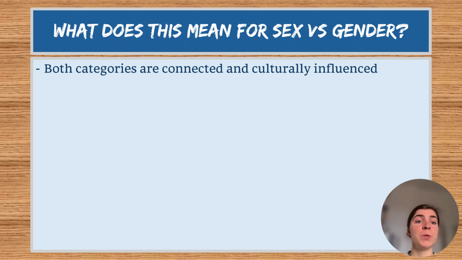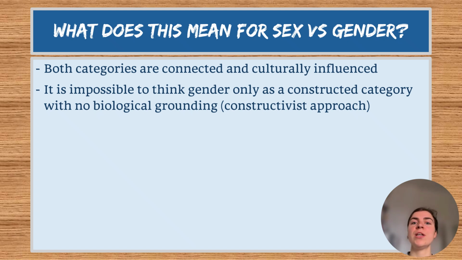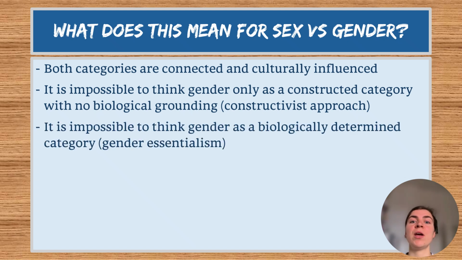The first thing is we can't say that gender is only a constructed category with no biological grounding, in the sense of the body is unimportant. We can also not say that gender is a biologically determined category, so we cannot say that gender essentialism exists. But we are working somewhere on the middle ground, and this middle ground would be called new materialism.